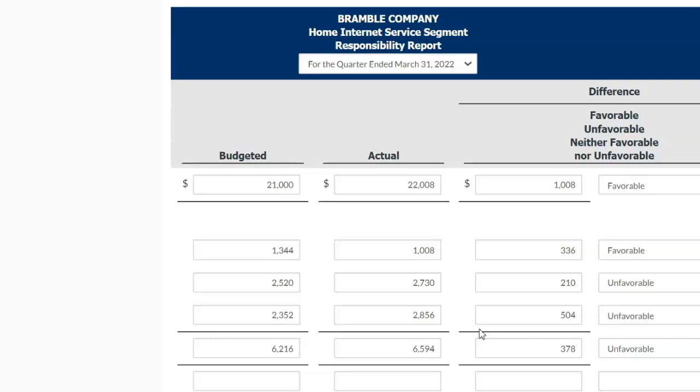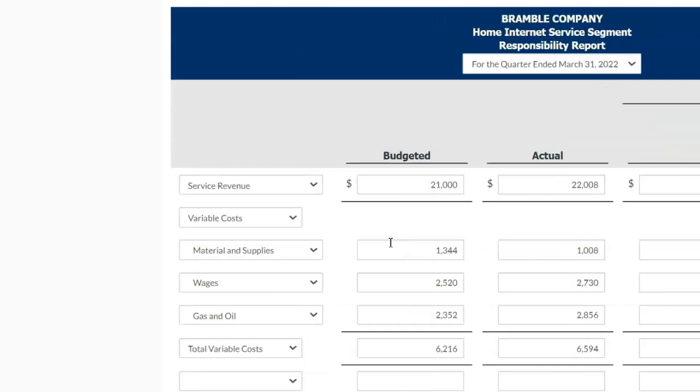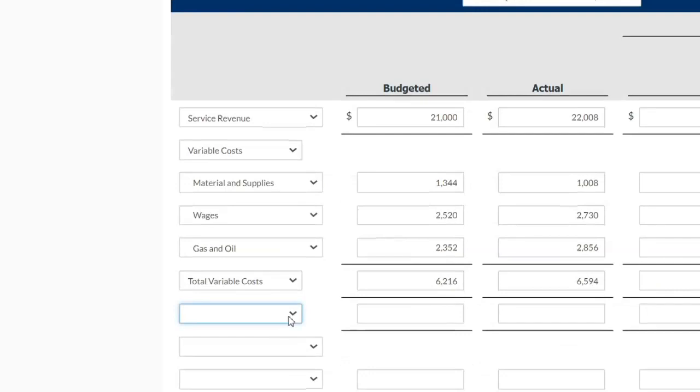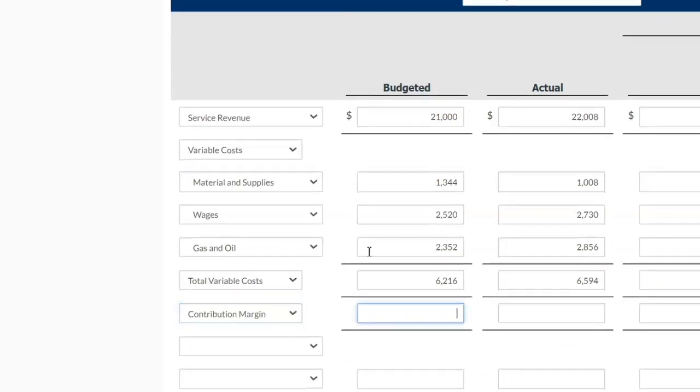All right, now, sales minus variable cost gives me what? Contribution. So here we subtract the total variable costs from the service revenue, or revenue minus total variable cost. Exactly.